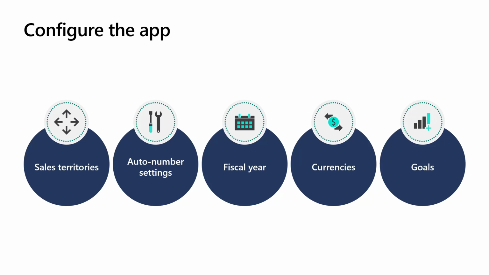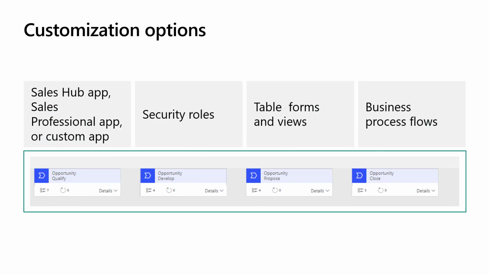Post that, we have seen customization options for our Sales Hub app. Why Sales Hub app? Why a professional app? What is the importance of security roles? We just discussed it. We also discussed tables and how to create new tables. Forms and views we have not discussed yet, but we will. And what exactly is a business process flow.